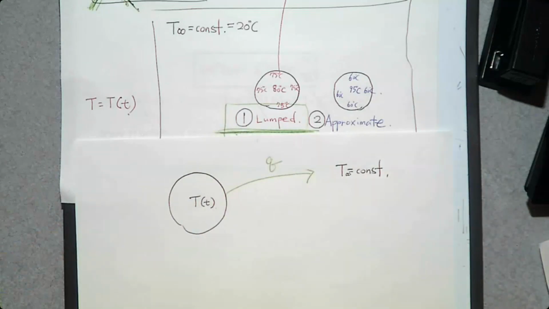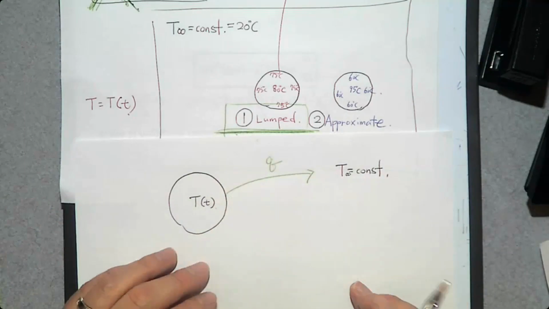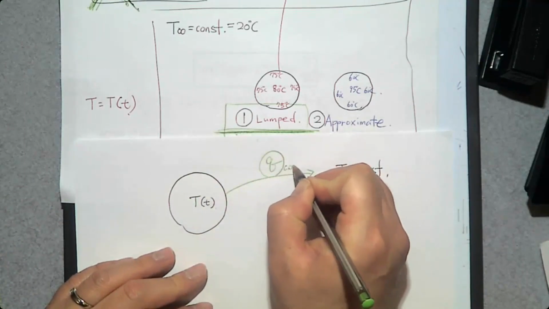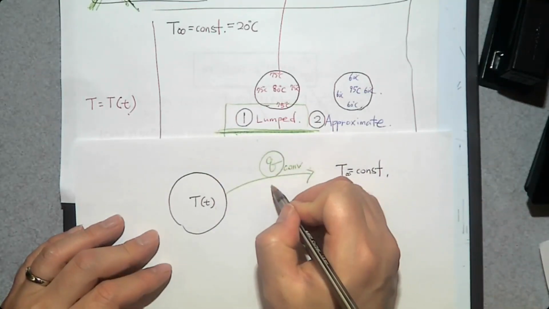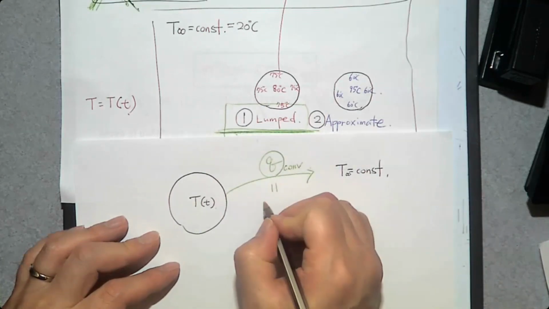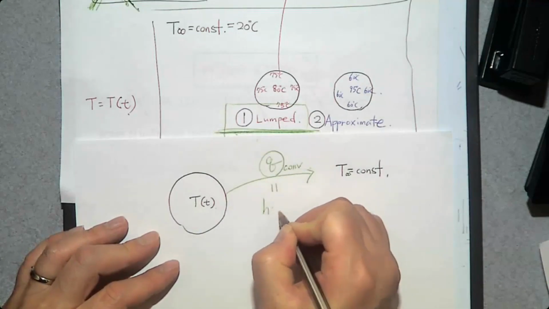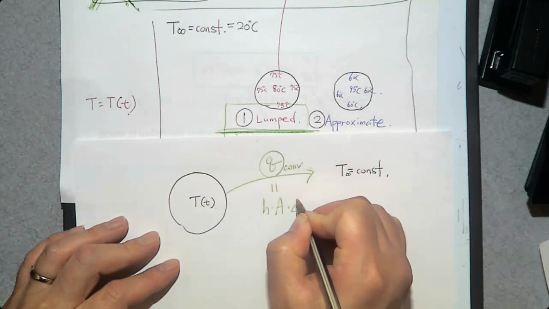Then there is a heat transfer by convection from the surface to the surrounding. So this heat transfer Q is going to be convection heat transfer. And how can you determine this convection heat transfer? By convective heat transfer coefficient h times the surface area A times the temperature difference.